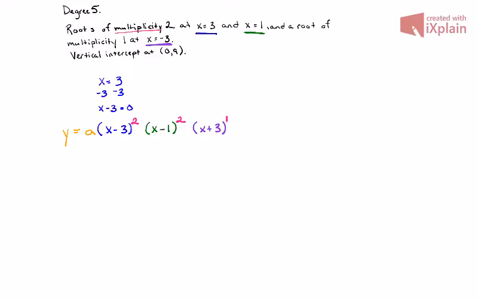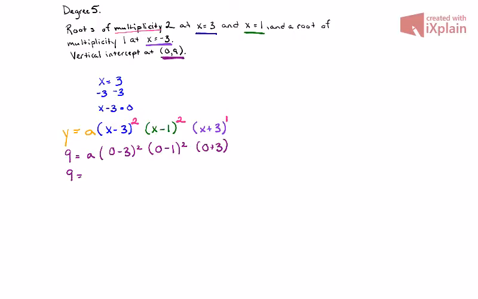Here is where the y-intercept comes into play. I know that my y value is 9 from that coordinate. I don't have a, but I do know that my x value is 0.